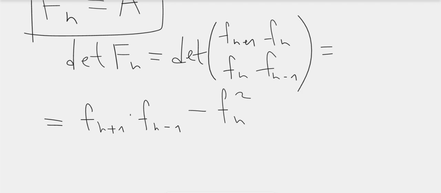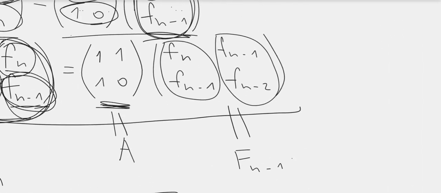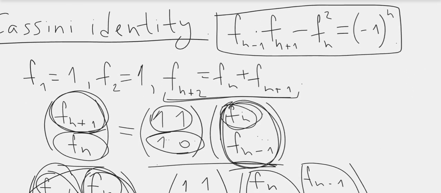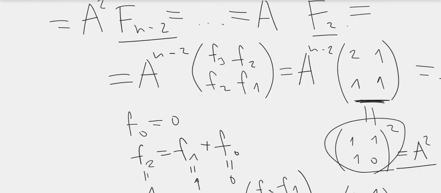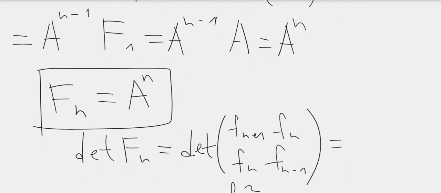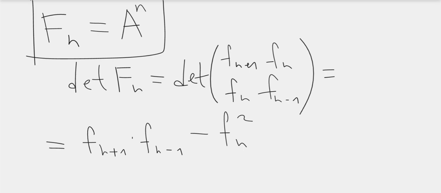Observe that this is exactly the expression in the Cassini identity which we need to prove. The expression on the left side is exactly the determinant of the matrix Fn. We need to prove that this is equal to minus 1 raised to the power n.